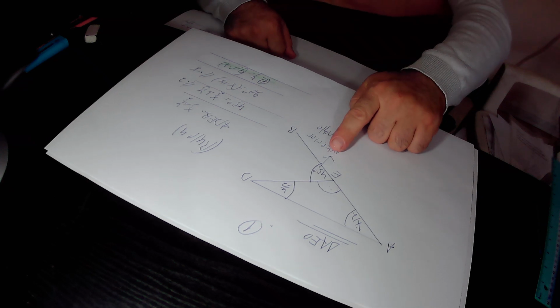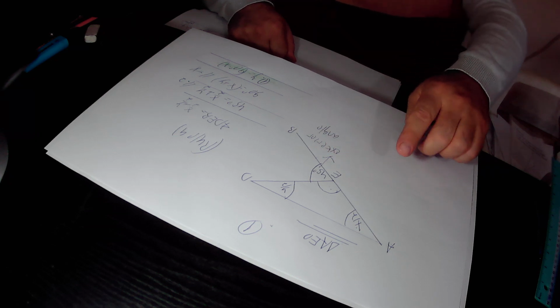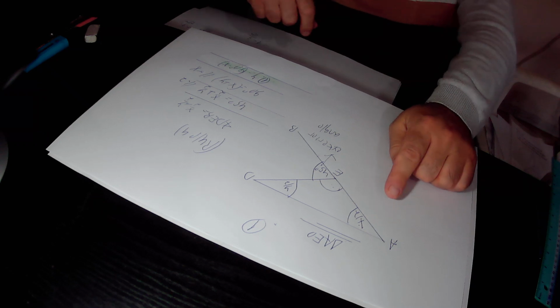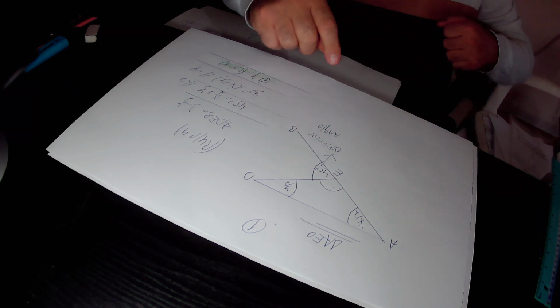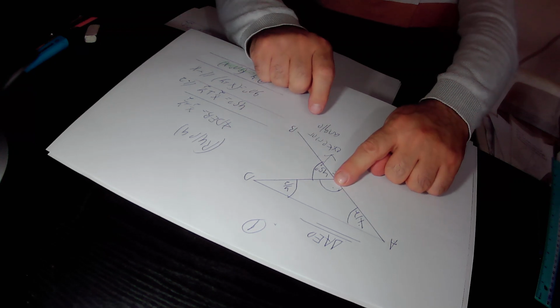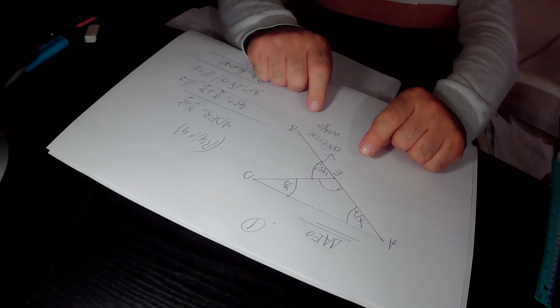We know that angle DEB equals 45 degrees, this angle equals x over 2, and this angle equals y over 2. Those angles are all defined as interior angles because they are located inside the triangle.